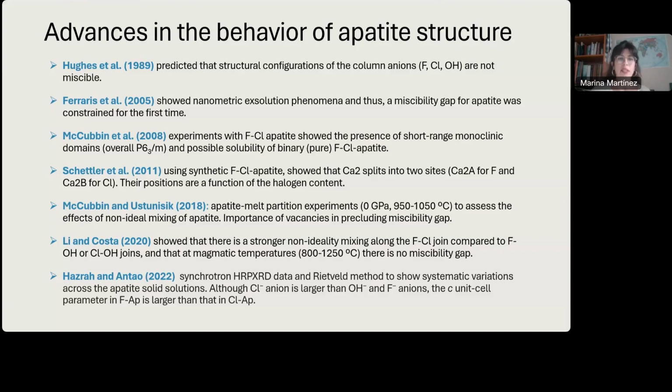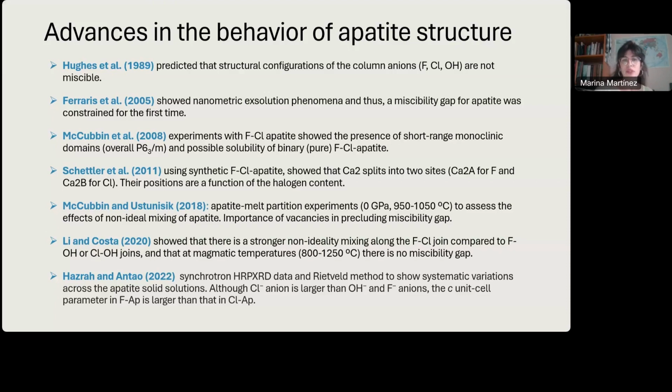McCabe and Ustunisik 2018 did apatite-melt partition experiments to assess the effects of non-ideal mixing of apatite, and they highlighted the importance of vacancies in precluding a miscibility gap. Lee and Costa 2020 also showed there's stronger non-ideal mixing along the fluorine-chlorine join compared to the fluorine-OH or chlorine-OH joins, and that at magmatic temperatures above 800 degrees Celsius, there's no miscibility gap.